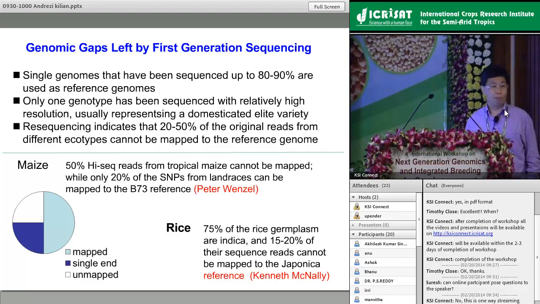You see how big the gap we have. For the rice example, I just got it from Ken yesterday, you see 70% of the rice genome is indica, but our reference is japonica, okay? So about 15 to 20% of the sequence reads cannot be mapped, okay? So those are the two important clues we have for the story.